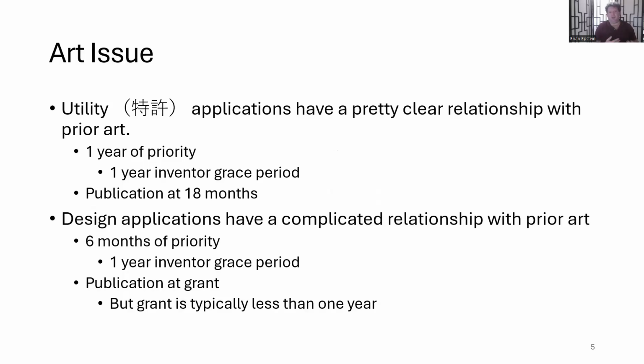So, for example, they only can claim 6 months of priority, but they still have the 1 year inventor grace period. And publication both in Japan and the United States can occur at grant, and therefore it's not as certain as 18 months, but grant is also typically less than 1 year.